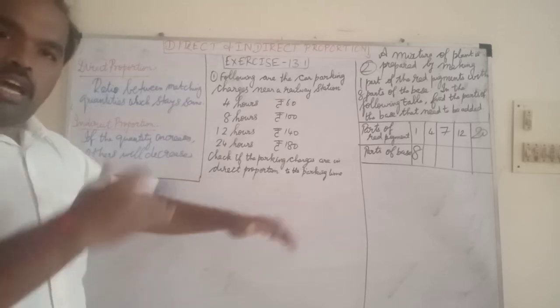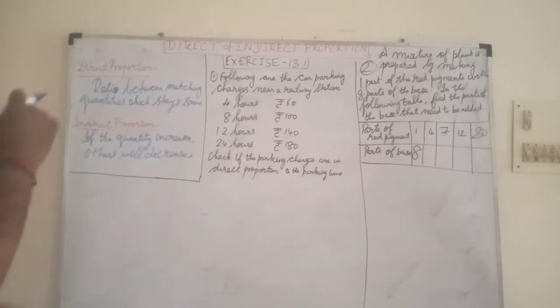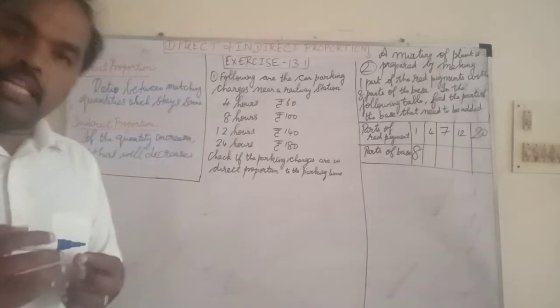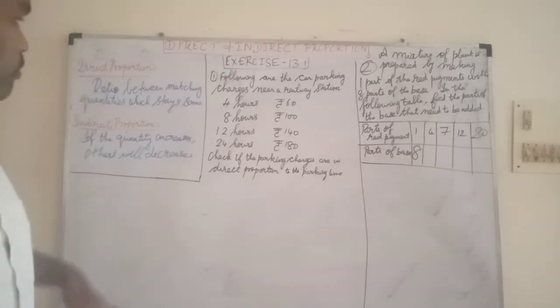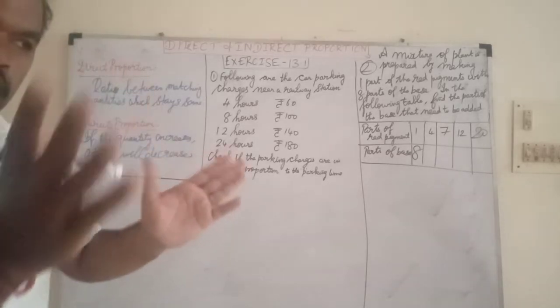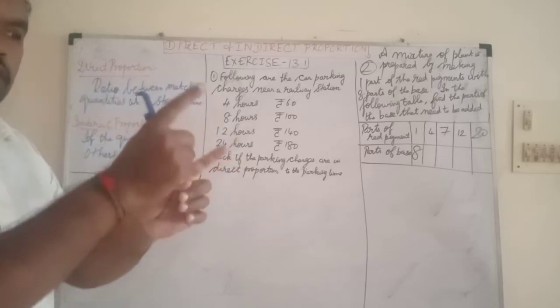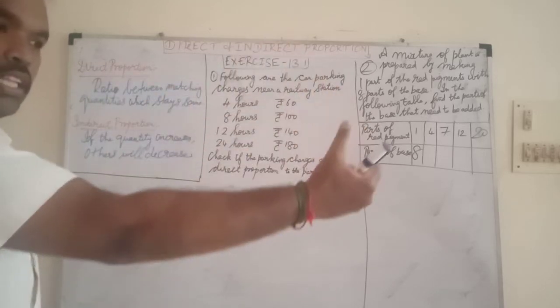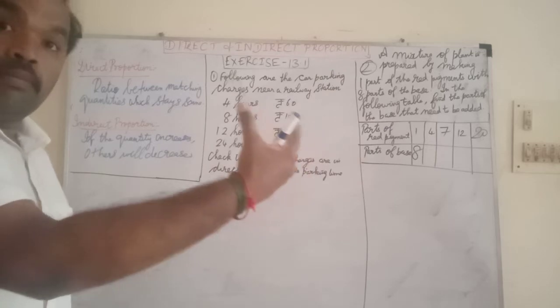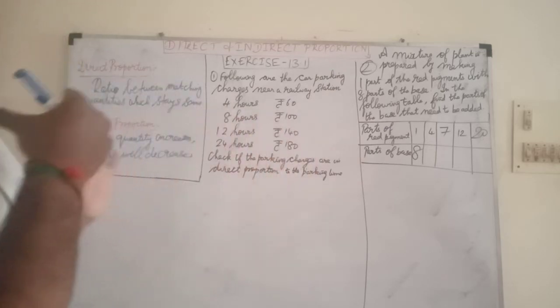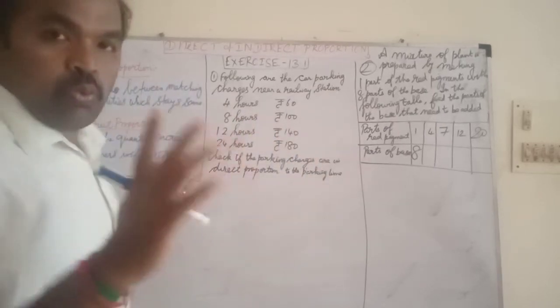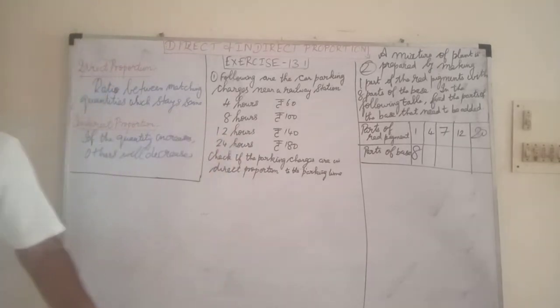One increases and the other decreases. So that is what we call indirect proportion. Direct proportion means the ratio of one thing with another thing should match, it should be equal.